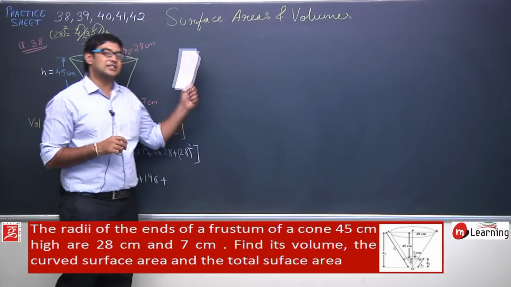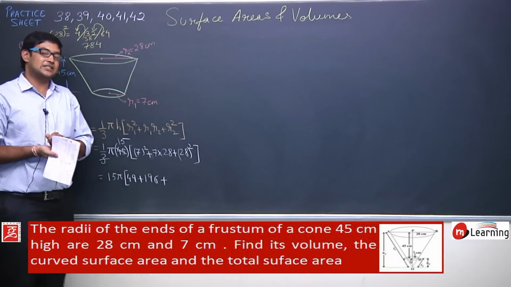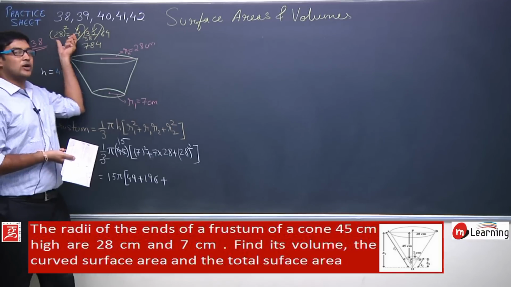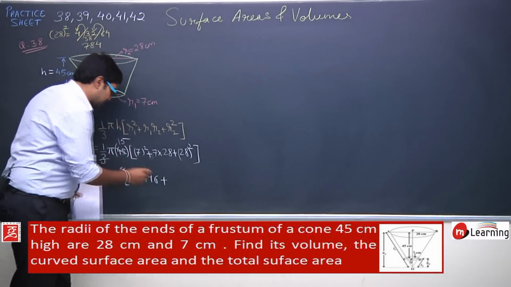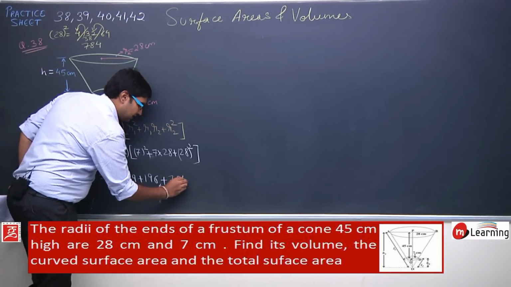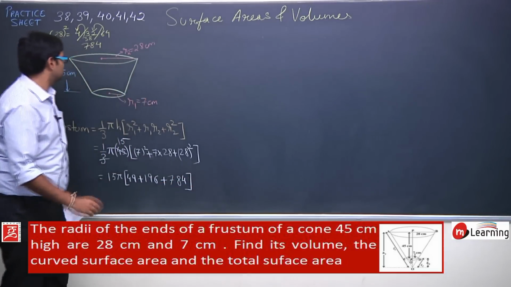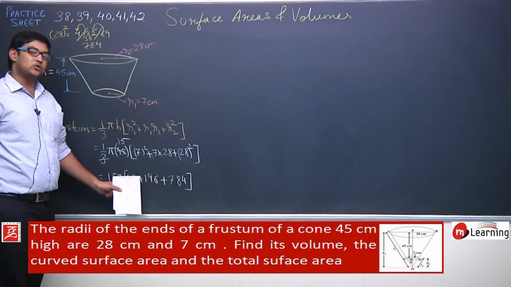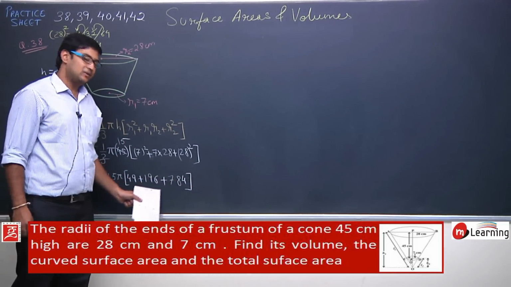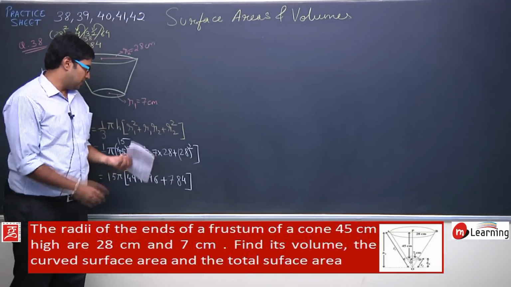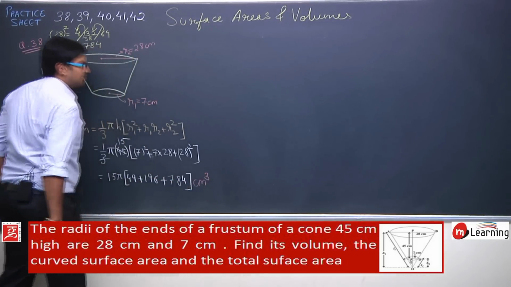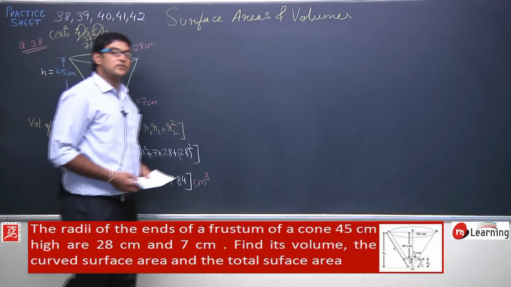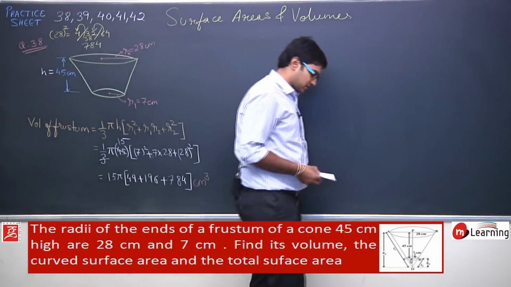Remember, I have discussed this concept in one of my lectures, how to calculate the square of a number by a quick method. So it is 15 pi into this addition plus 784. This much centimeter cube will be the volume of this frustum that we have considered.